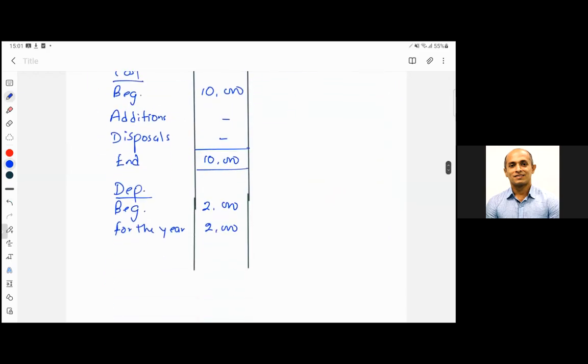Then during the year depreciation is 2,000, disposal 0. Then depreciation at the end is 4,000. Carrying value is 6,000.